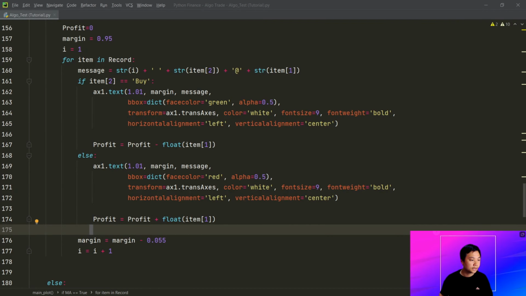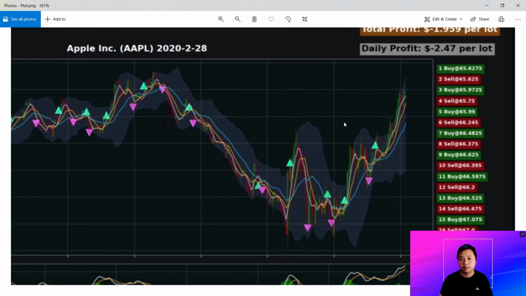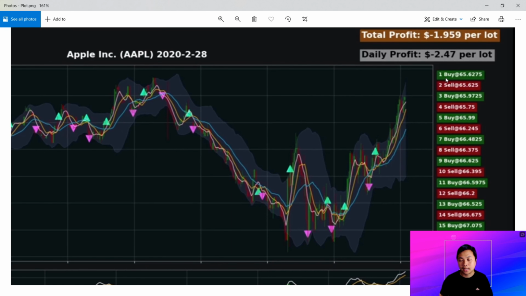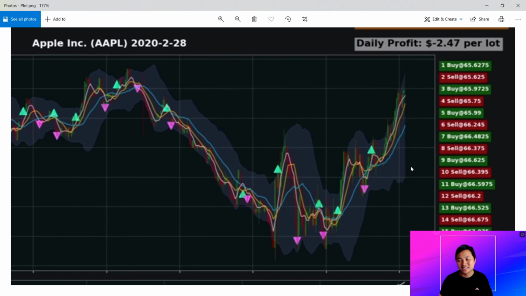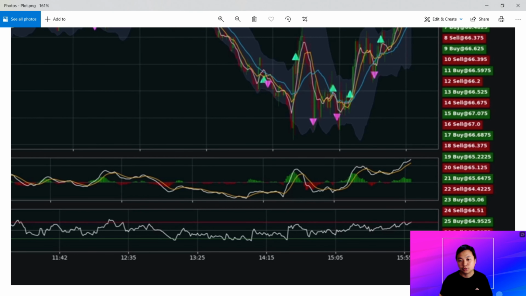In my strategy, I would like to make sure that the trades pair up. That means when we have a buy action, we would like to make sure that it has a sell action within the day. Sometimes there might be a buying signal at the end of the day, but we do not have a sell signal.